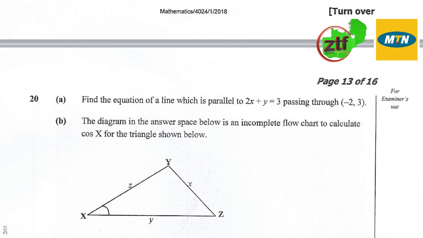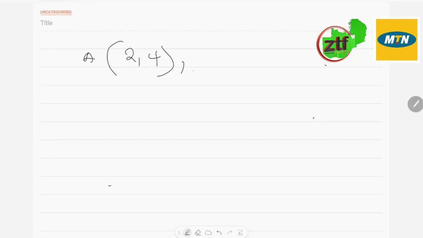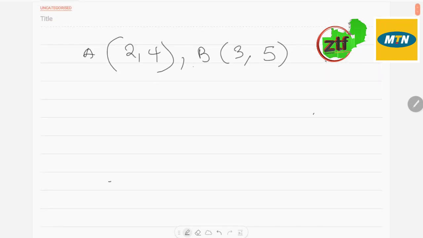Now, for the sake of those that missed the first lesson, if you have 2 points, for example point A (2, 4) and another point B (3, 5), and they ask you to find the gradient of the line passing through these points, we know that the gradient is given by m equals the change in the y coordinates divided by the change in the x coordinates.